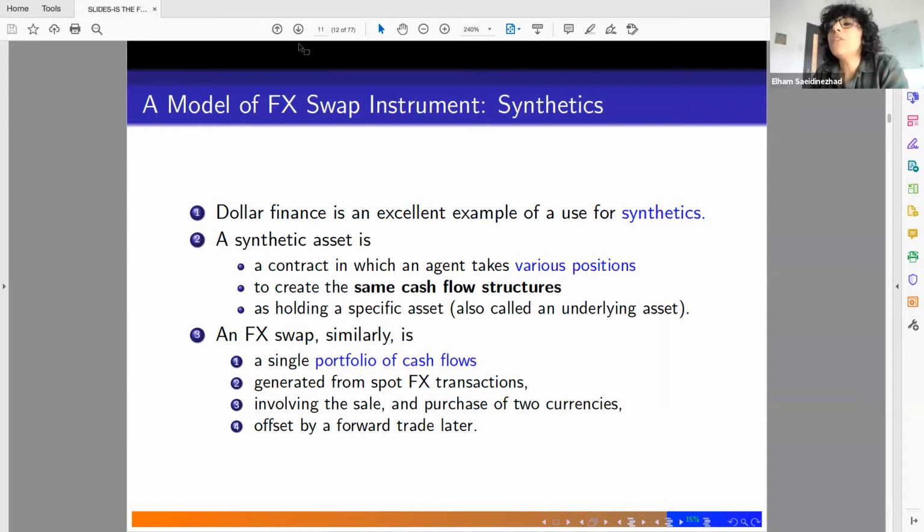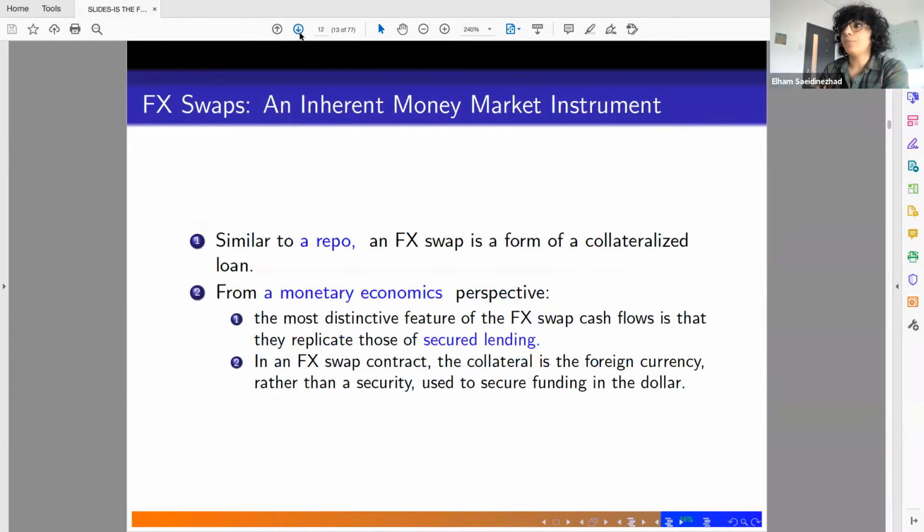At the end of the day, an FX swap is a single portfolio of cash flows that are generated through two different transactions: the FX spot transaction and an FX forward transaction. So this is very similar to the repo, and we are going to use three techniques to show this similarity.